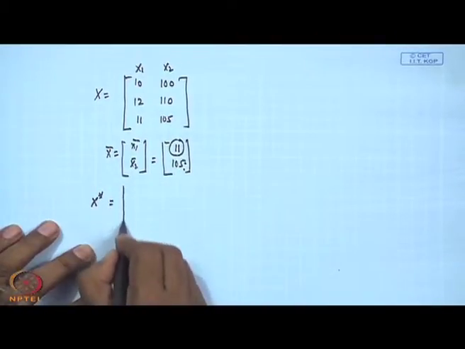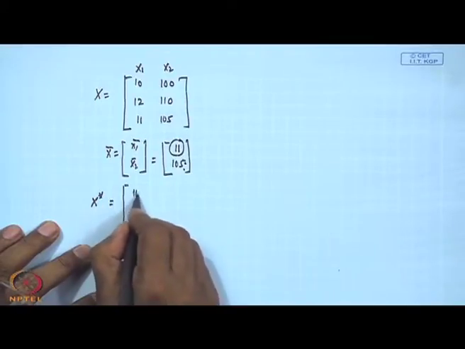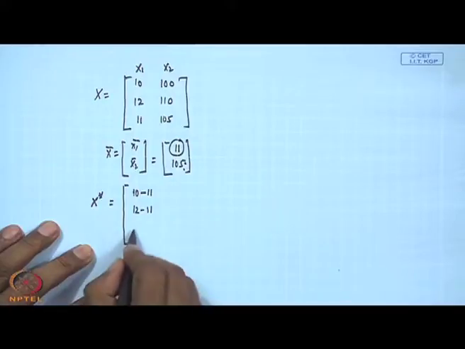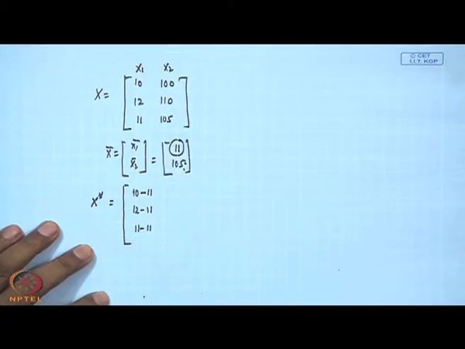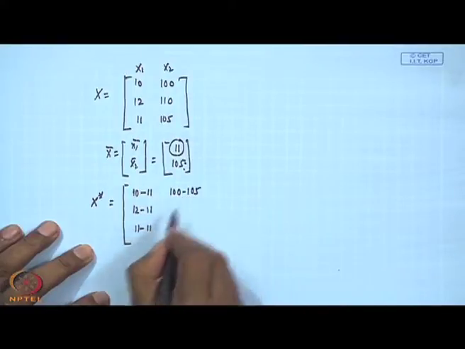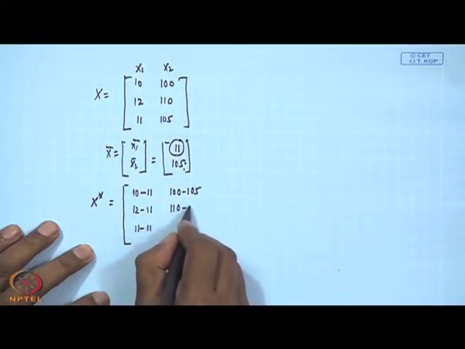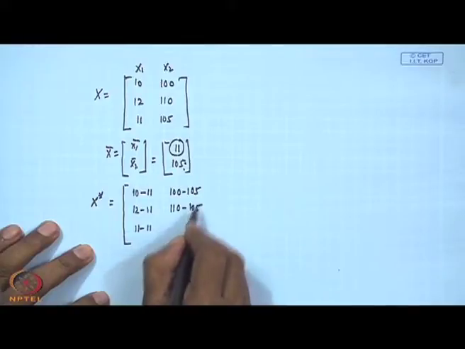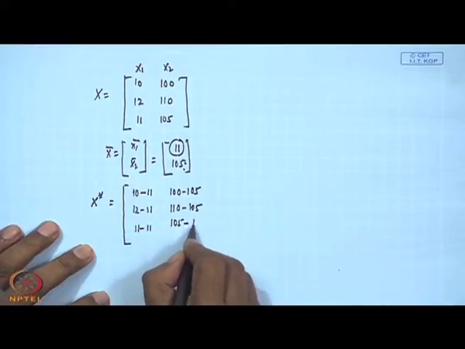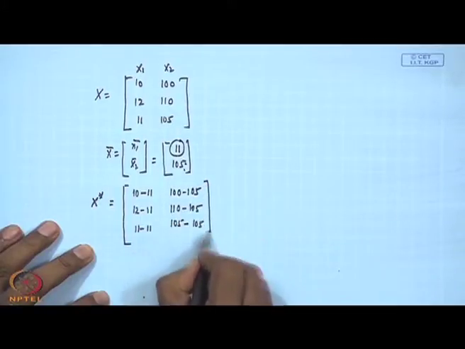So this will be 10 minus 11, 12 minus 11, 11 minus 11, and the second column 100 minus 105, 110 minus 105, 105 minus 105.